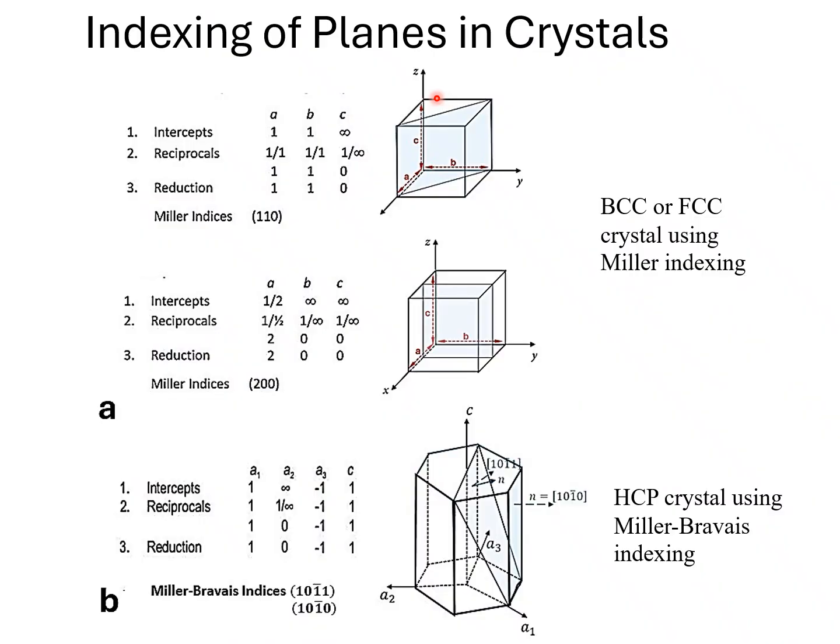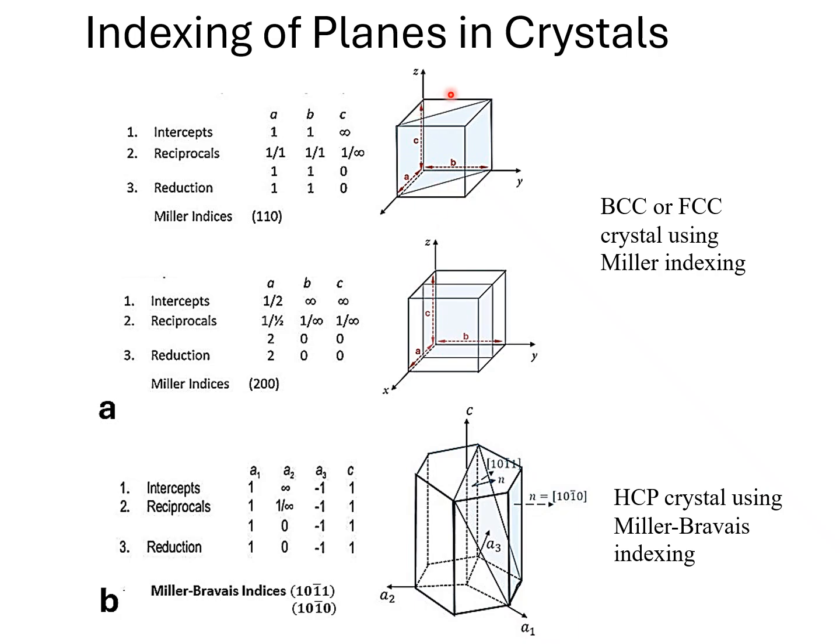If this is my lattice and my unit cell is defined by A, B, and C, the 110 plane intersects the B and the A axes at a value of 1, and it doesn't intersect the C axis at all. So that's 1 over infinity, and when it's reduced, it becomes 0. So we have a 110 plane.